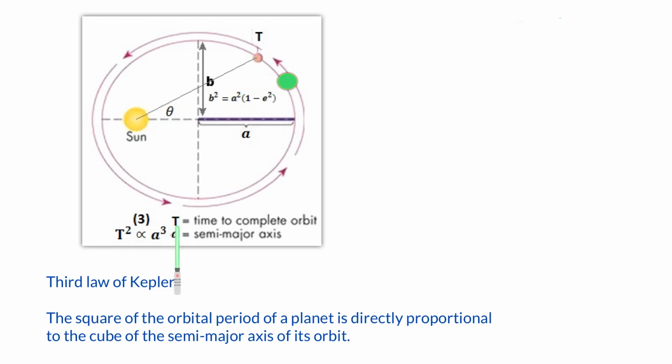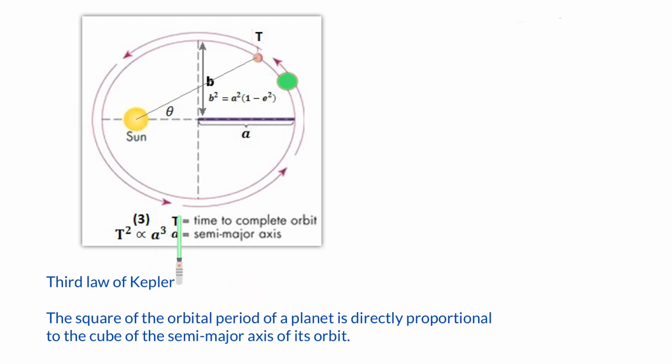This is T, and this T square is directly proportional to a cube, where a is the length of the semi-major axis. So once again I am reading out the statement: the square of the orbital period of a planet is directly proportional to the cube of the semi-major axis of its orbit.